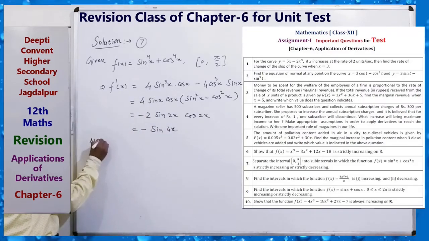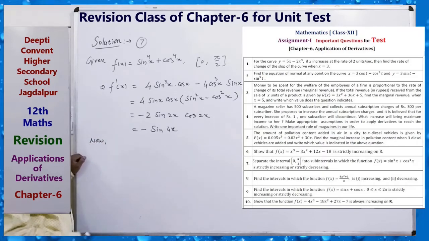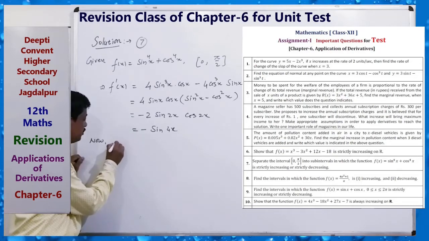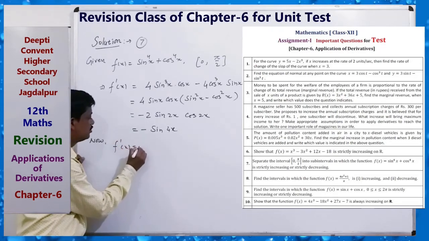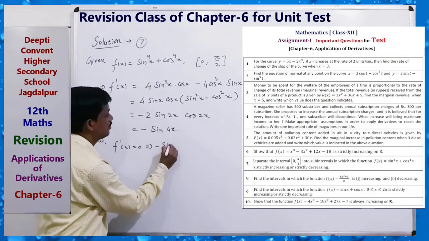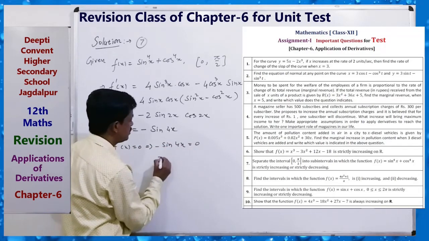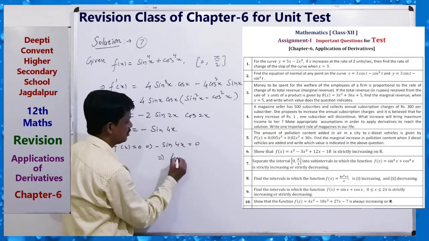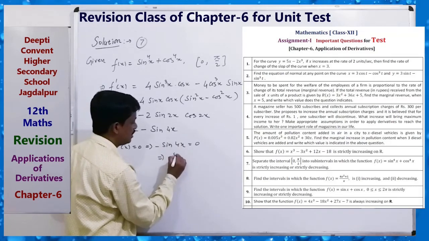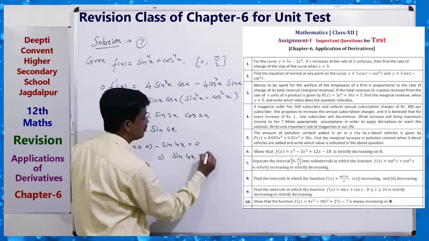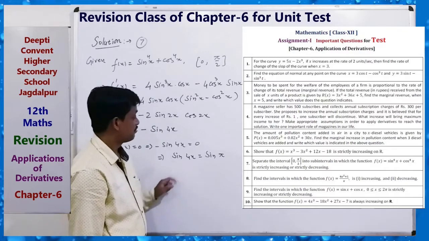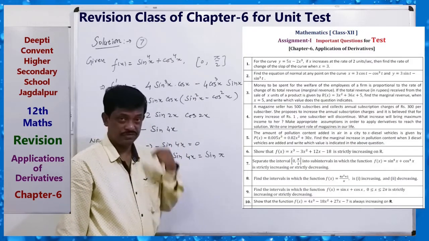Now, what is the process? Take this equal to 0. So f dash x equals 0 means minus sin 4x equals 0. It shows that sin 4x equals 0.